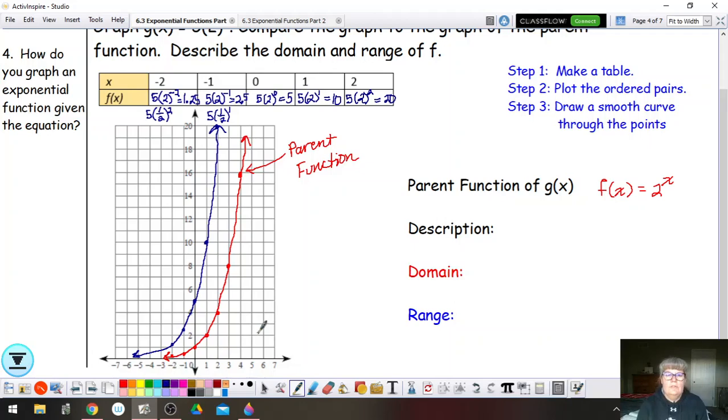What we are going to do now is compare 5 times 2 to the x to our parent function. They have the same curve, or same shape, I'm going to say.